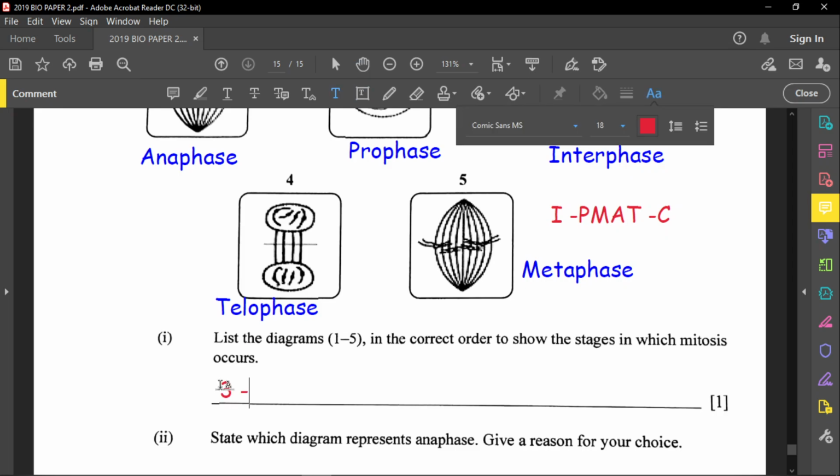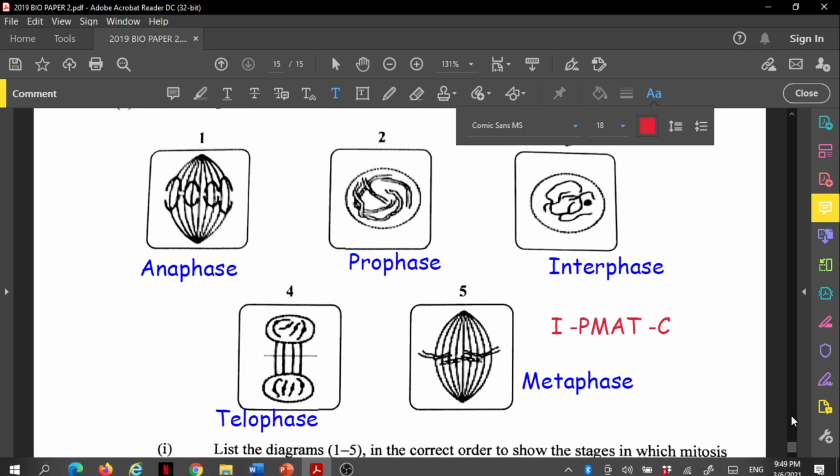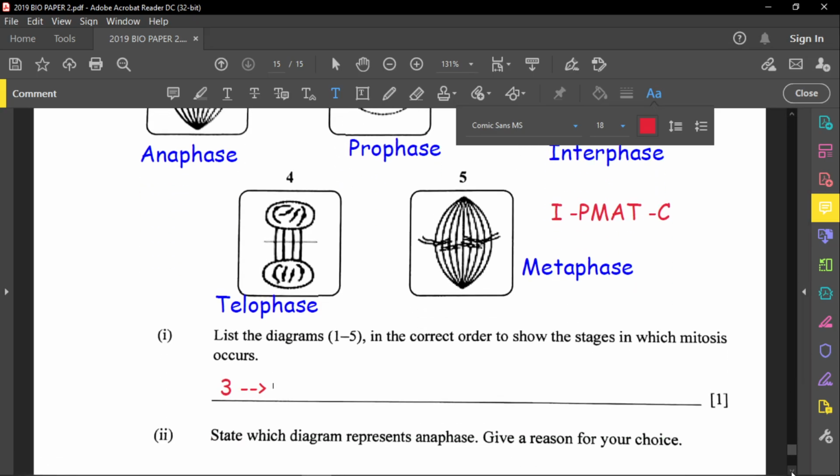Okay, so after 3, let's see what comes after interphase, it is prophase. Prophase, what number again? Number 2. Okay, so number 2, and then that will go into number 5, which is the metaphase. So after P, then metaphase. So that's number 5 there.